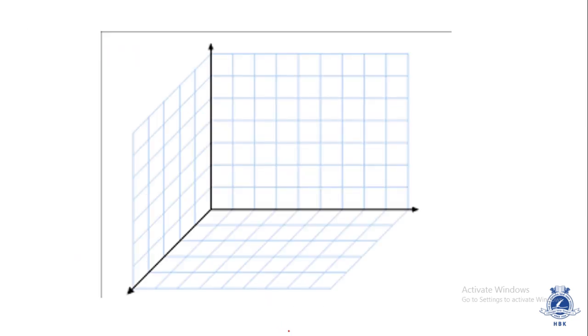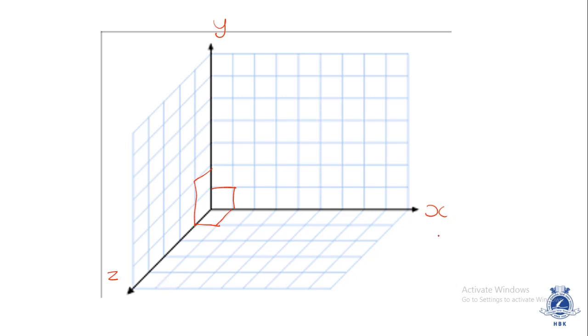Let's see how we are taking them. If we have three mutually perpendicular axes, these two are perpendicular to each other, and these two are also perpendicular to each other. So you can see these three are the mutually perpendicular axes, and we have to take x, y and z in anti-clockwise direction, or counter-clockwise direction.